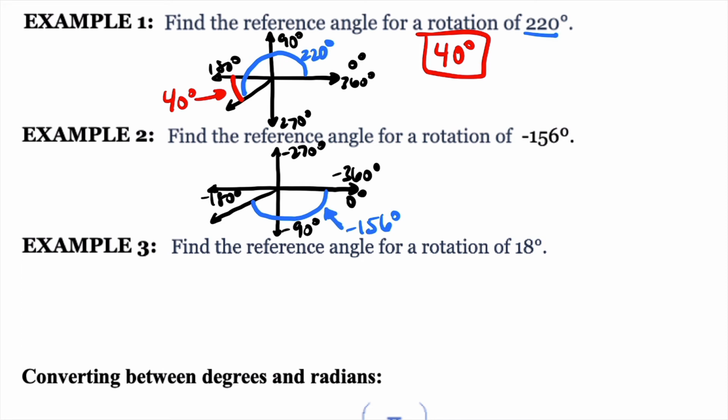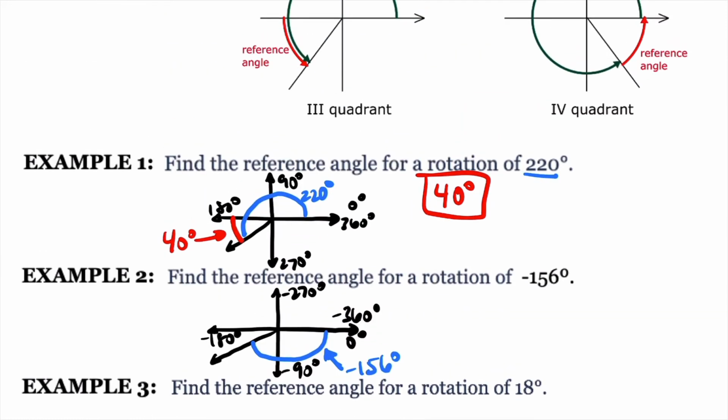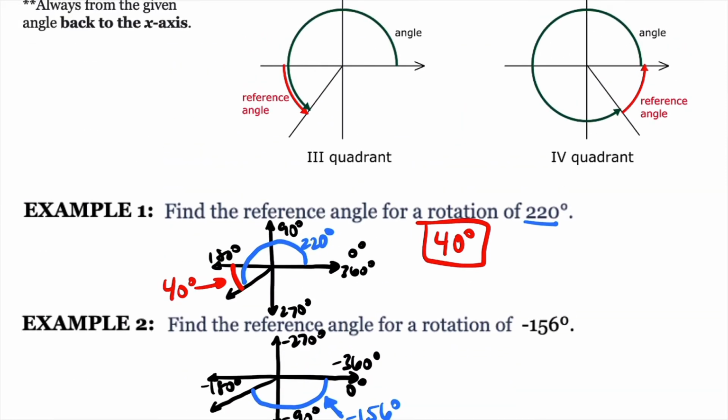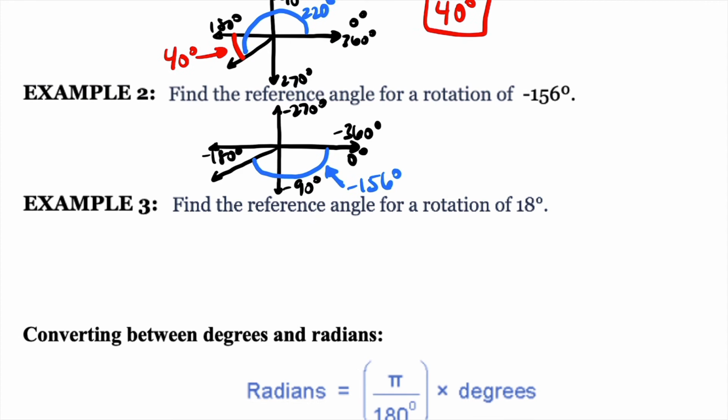Okay. Well, quadrant 3. If we're in quadrant 3, the reference angle just needs to get back to 180. So how many degrees is it to get back to 180? 336?